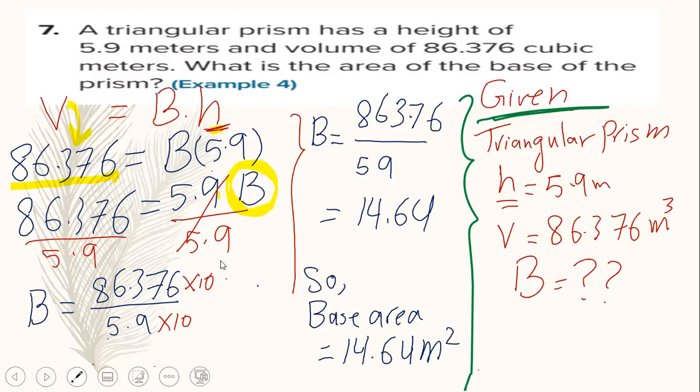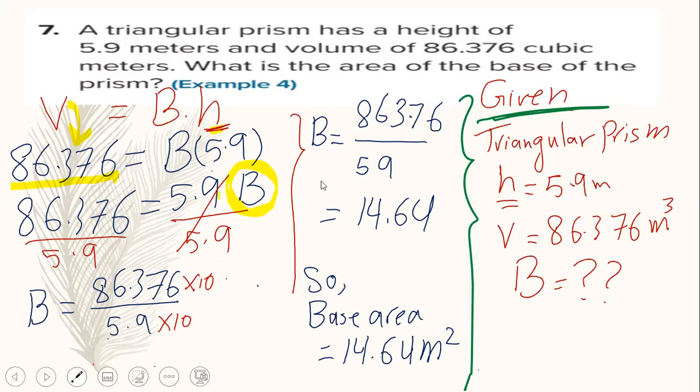So B equals 86.376 over 5.9, and to divide by 5.9, we need to convert the decimal into a whole number by multiplying by 10. Why 10? Because here we have only one digit decimal. And similarly, as multiplying the denominator, we have to multiply the numerator also by 10.